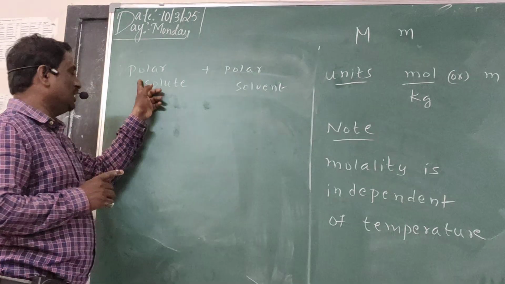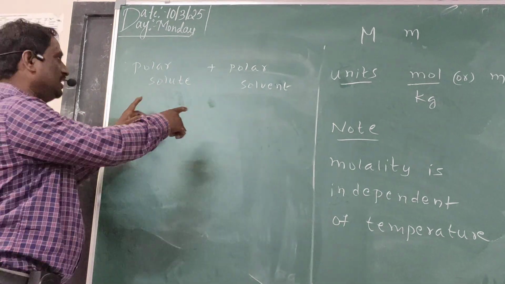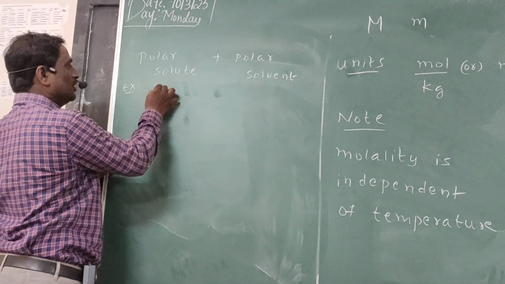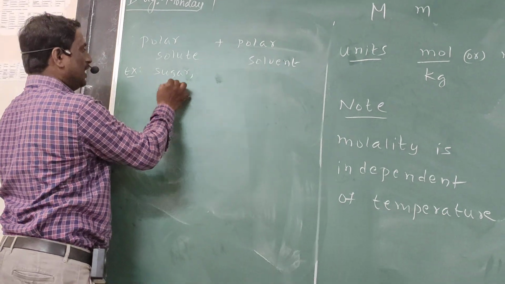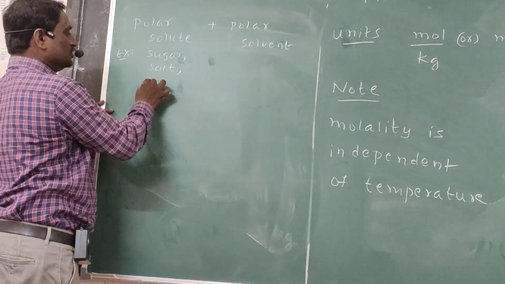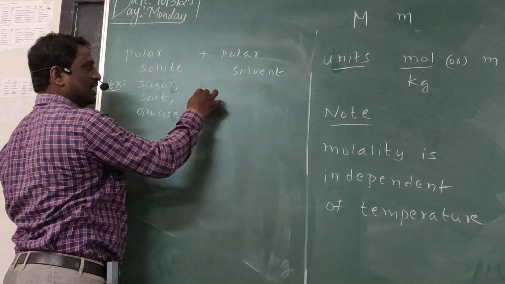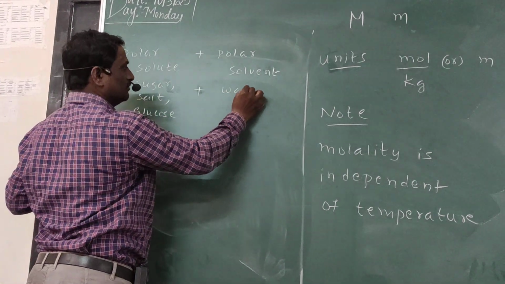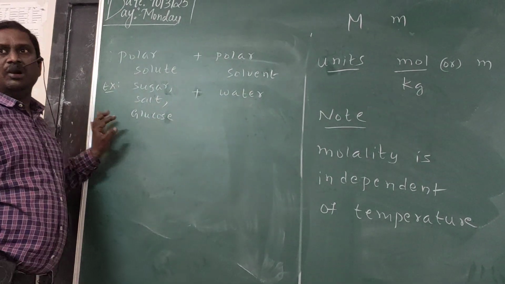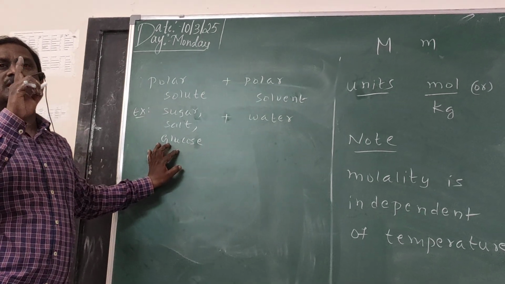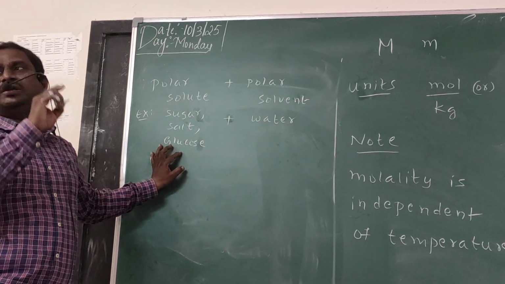Polar solute examples: sugar, salt, glucose. These are all polar solutes. Then what is the polar solvent? Water. So polar solute dissolves in polar solvent only.